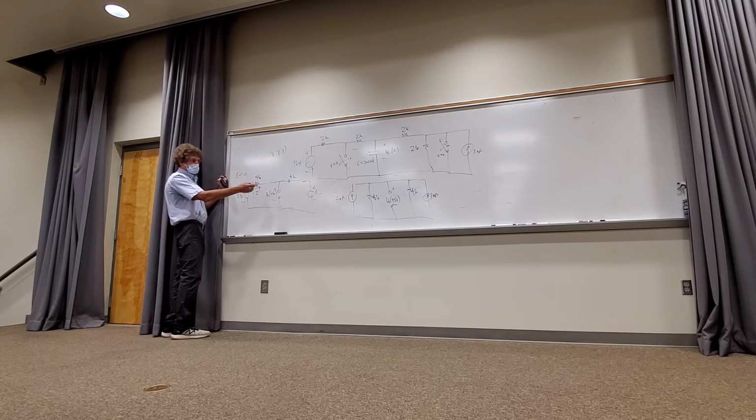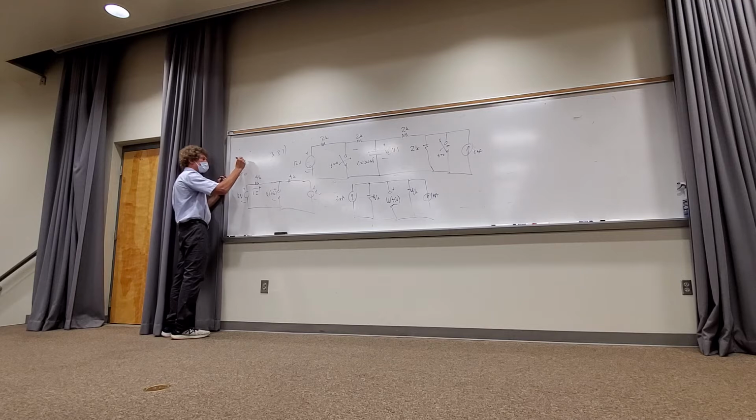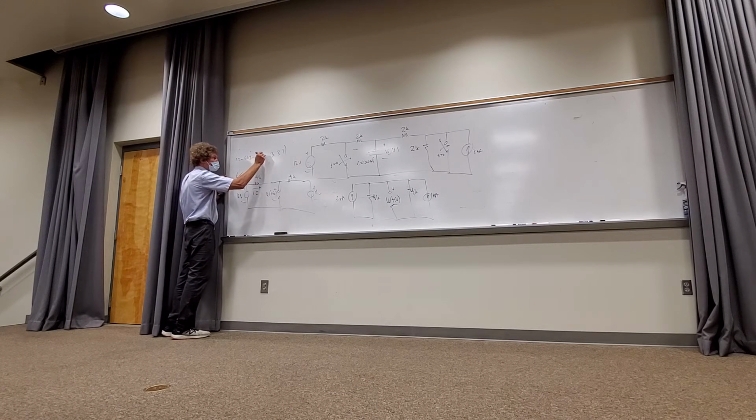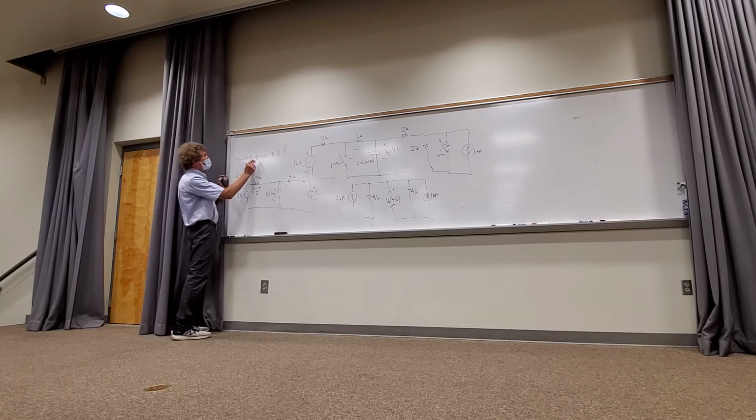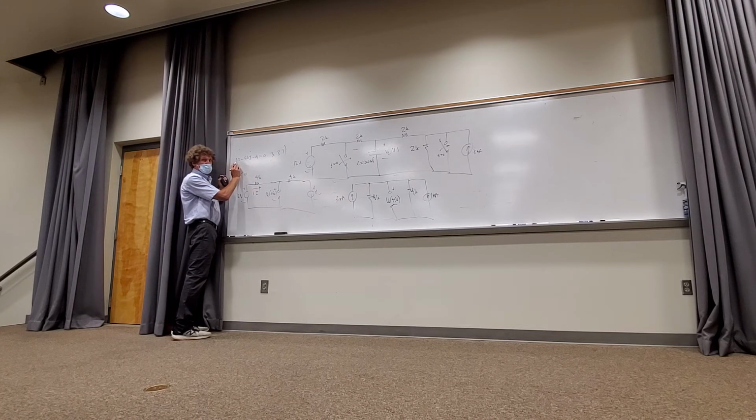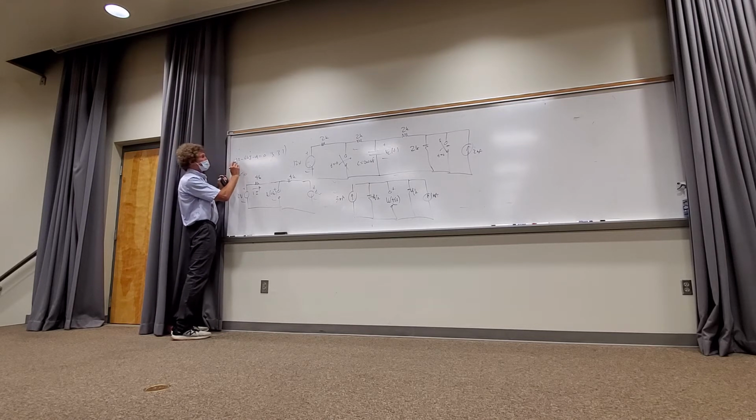So I'm going to assume clockwise, and I would have 12 volts here, minus 4K, minus 4K, minus 8K times I, right? And then minus 4 equals 0. Isn't that what you're saying? Yeah. And then that would be 8, pardon me, 8.